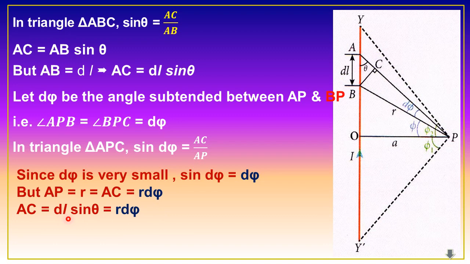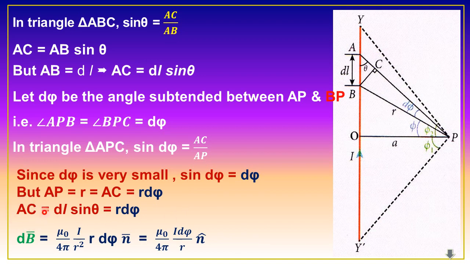Therefore dL sin theta is equal to R d phi. We substitute this into the Biot-Savart law equation in place of the sine term. Therefore dB vector is equal to mu naught by 4 pi, I by R square, with sin theta dL replaced by R d phi, into n cap.